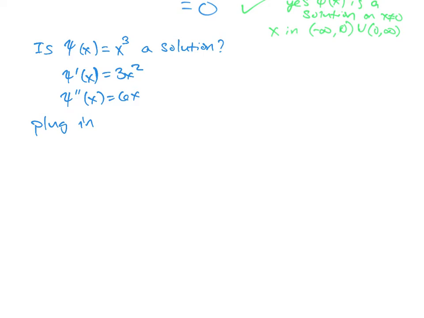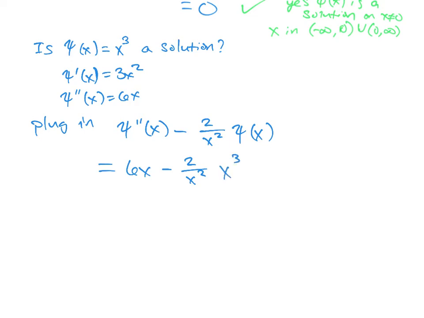And so we need to have psi double prime of x minus 2 over x squared times psi of x, and that equals 6x minus 2 over x squared times x cubed. We simplify, and we get 6x minus 2x equals 4x.